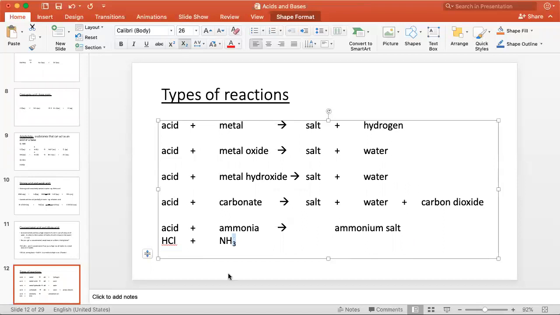It just combines to form ammonium chloride, which is NH4Cl. So you only form ammonium chloride. There's a case where the two just combine to form the salt. That's something else which you should also remember.